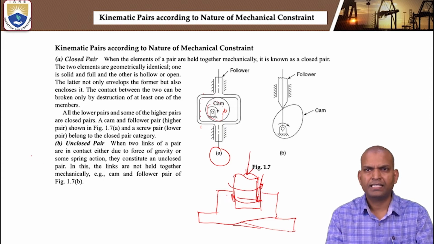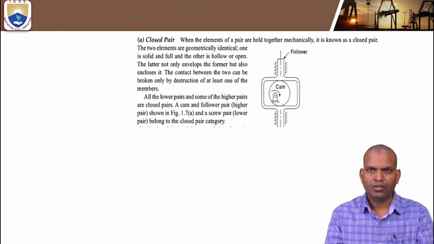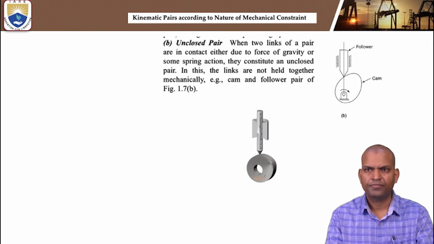This is the second type of kinematic pairs classification. This is closed pairs, as I discussed in detail. Now we can see unclosed pairs motion.